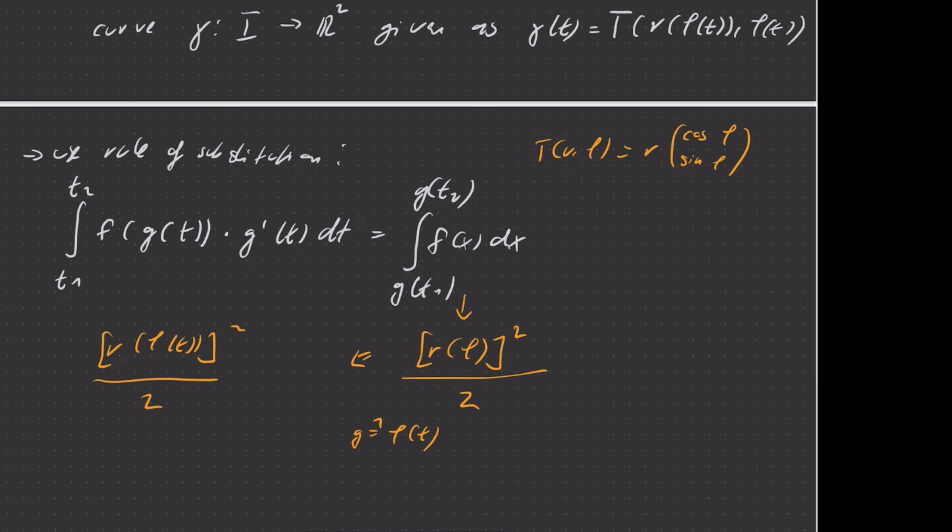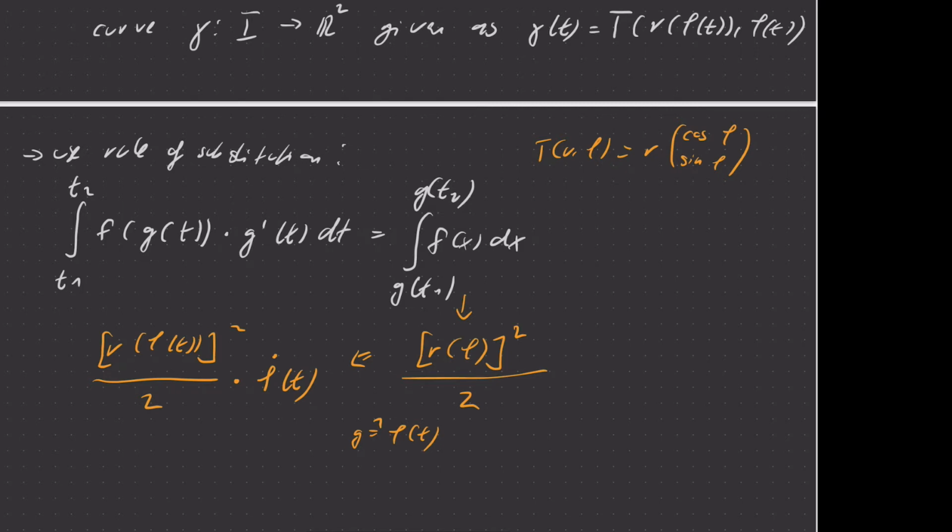And now we have to multiply by g prime to make this correct. So what is g? Well, g is phi of t. So we need to multiply by phi prime of t. So that's the left-hand side of our expression.